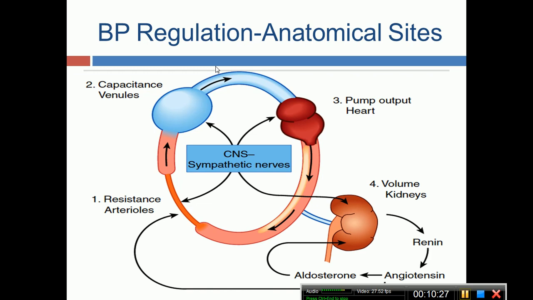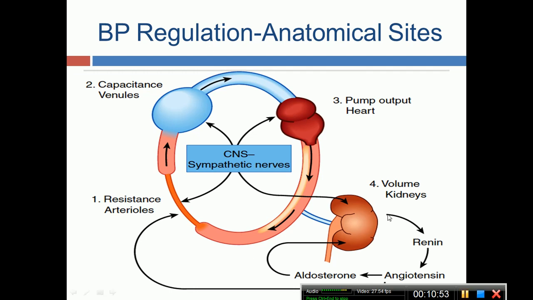I gave the example of 60 beats per minute, 70, 80 and 90 beats per minute. So you can calculate yourself: if each beat pumps out 70 ml of blood from the heart, then you can calculate the cardiac output of all these persons having 60, 70, 80 and 90.